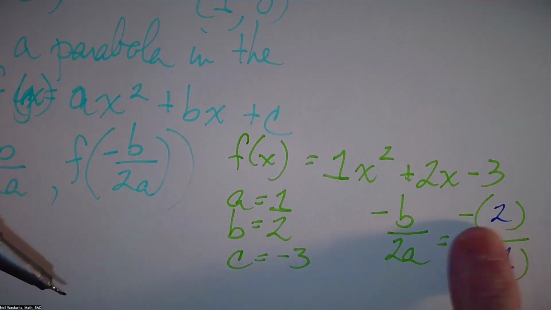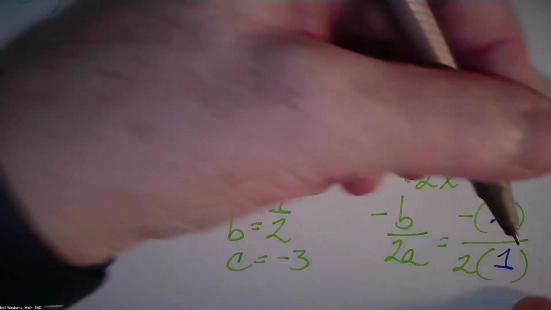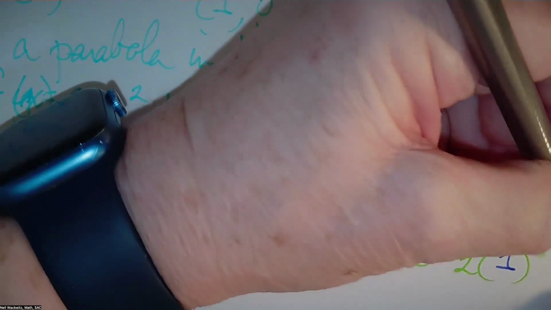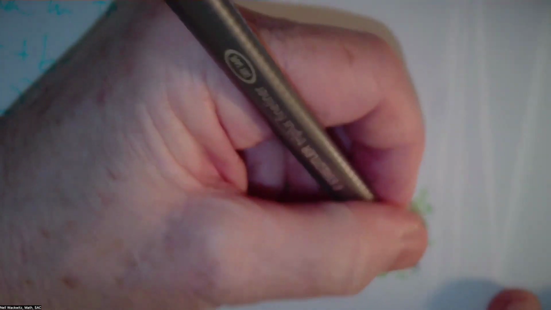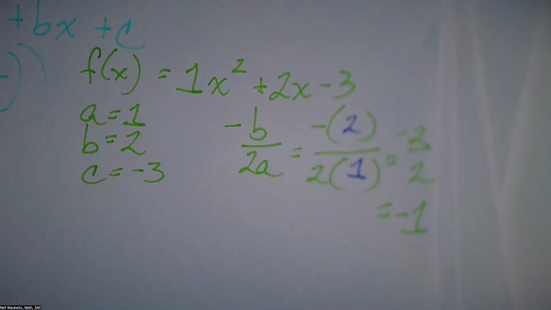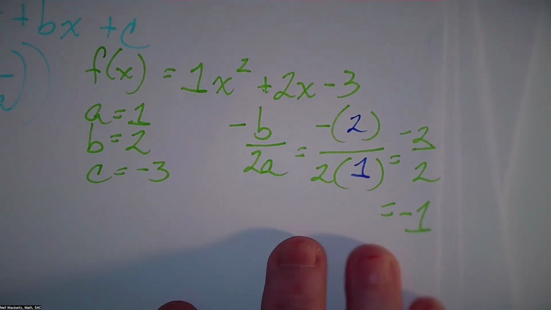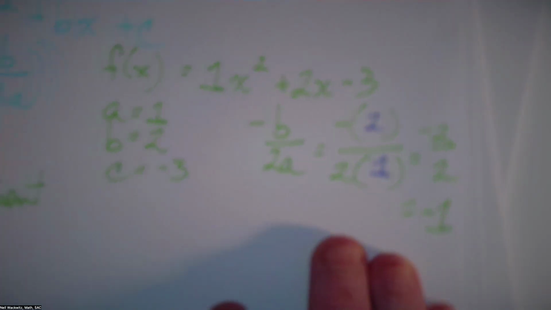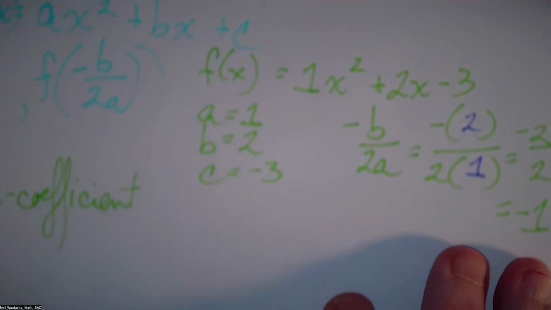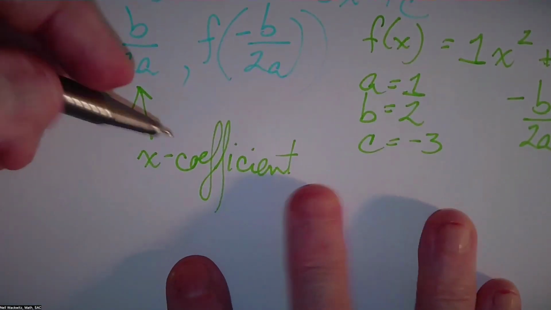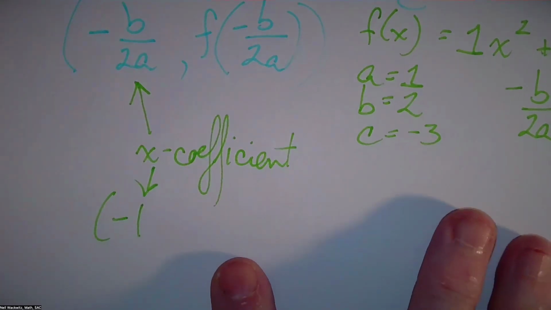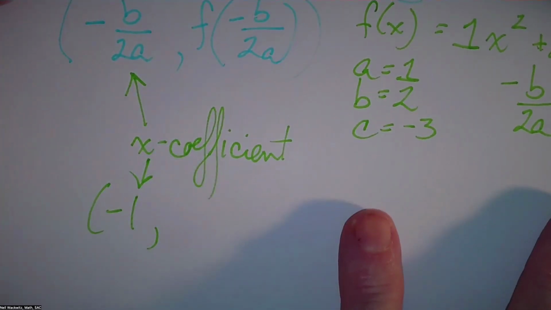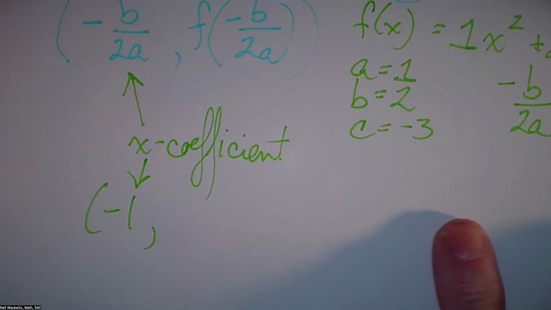Negative 1 times 2 is negative 2. 2 times 1 is 2. Negative 2 divided by 2 is negative 1. So the x coordinate of the vertex, the place where the parabola changes direction, is going to be negative 1.